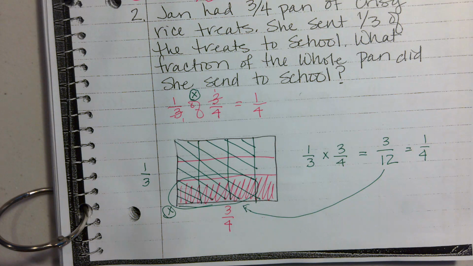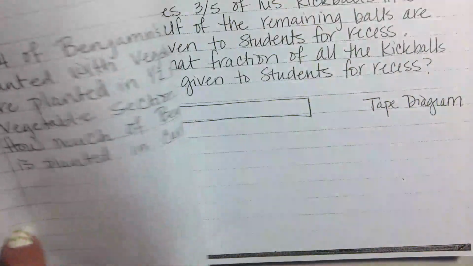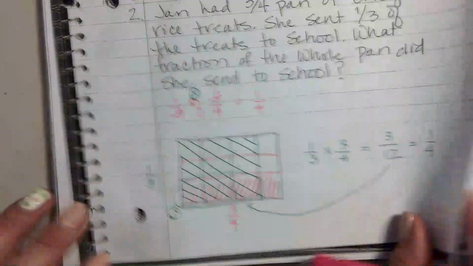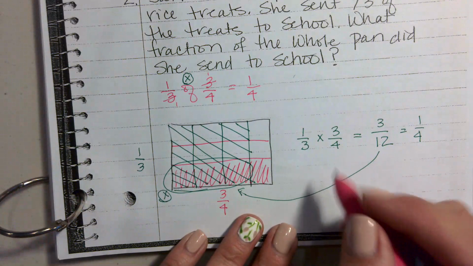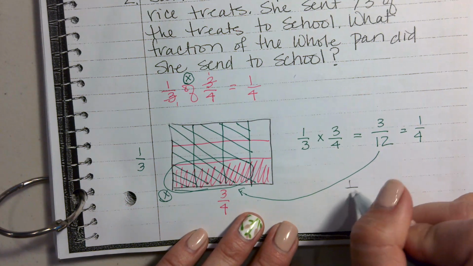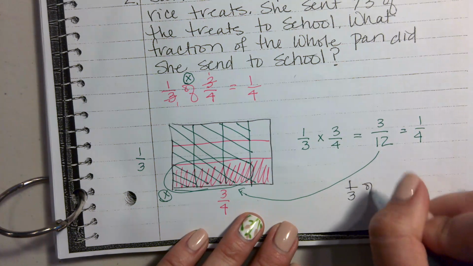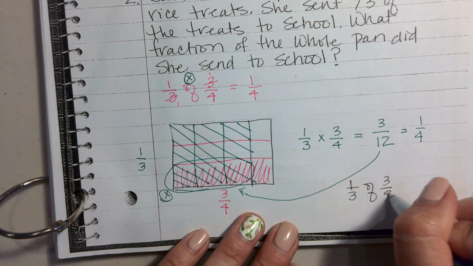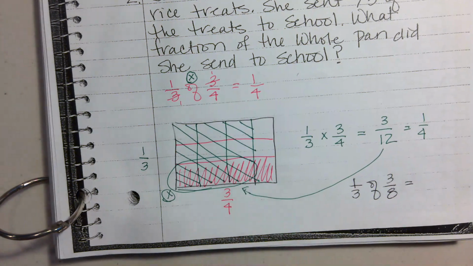What then is 1/3 of 3/8? Do you know? Let's come down here. 1/3 of 3/8. Okay, so what are the units that we're working with now?